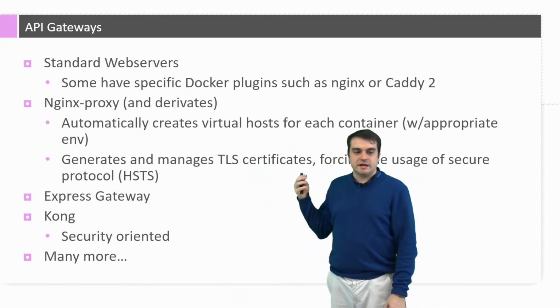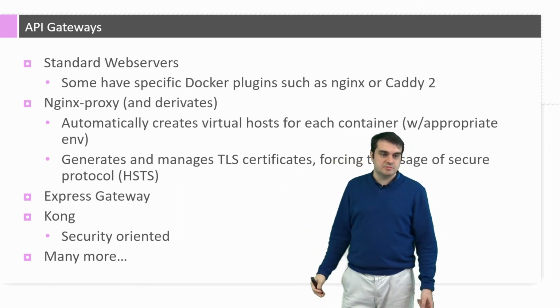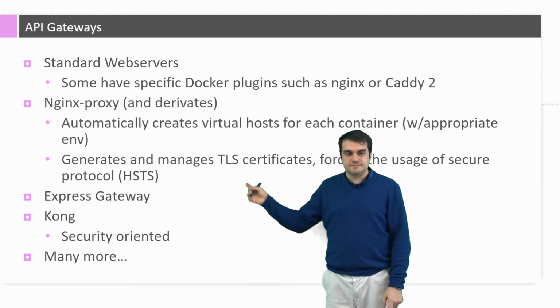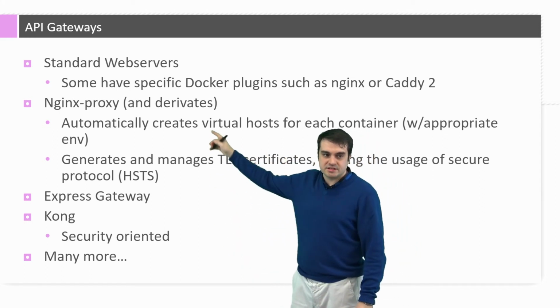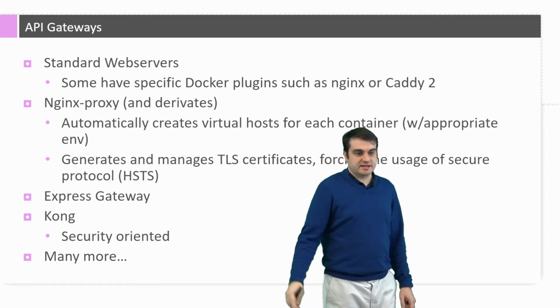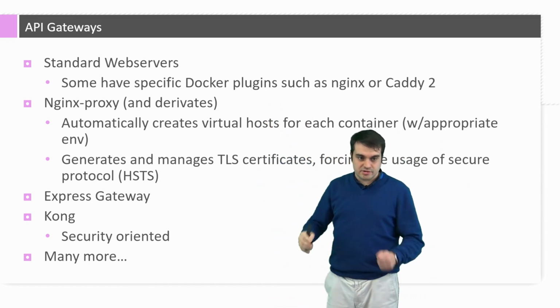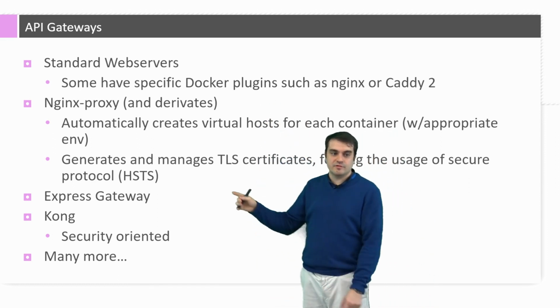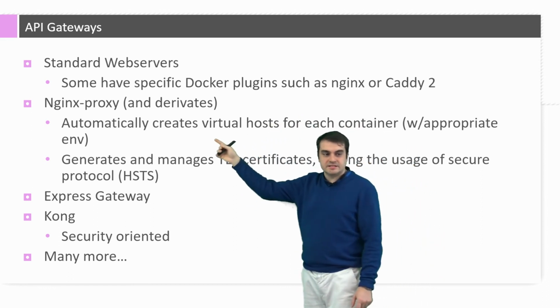Finally, let's look at some list of API gateways that we can use as the component that redirects the web requests. First, we might think in standard web servers. In fact, some of them have specific Docker plugins in order to have that dynamic configuration. This is the case of Caddy or Nginx.